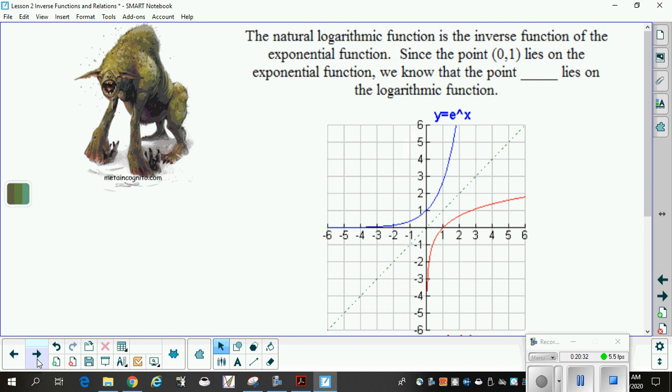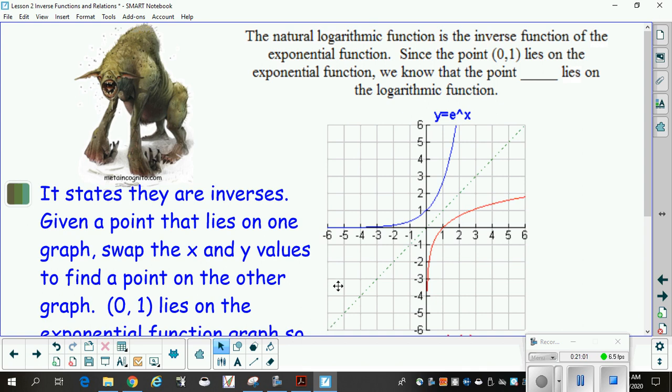Here's another one, similar issue. The natural logarithmic function is the inverse function of the exponential function. Since the point 0, 1 lies on the exponential function, we know that the point blank lies on the logarithmic function. Again, I don't have to know logarithms or exponentials. I just have to know that if you tell me for sure that they're inverses, then all I have to do is swap x and y.